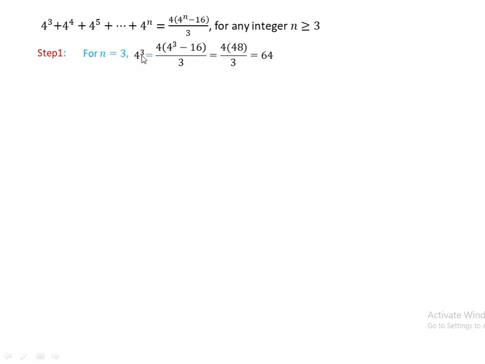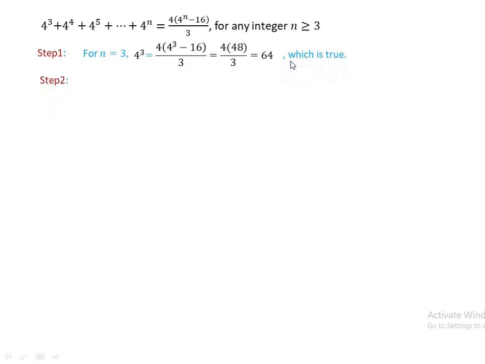Then we have 4 to the power of 3, which is 64, and on the right, 4 to the power of 3 is 64, minus 16 means 48. Therefore 4 times 48 the whole over 3 is 64. Therefore 64 is equal to 64, which is true for n equals 3.